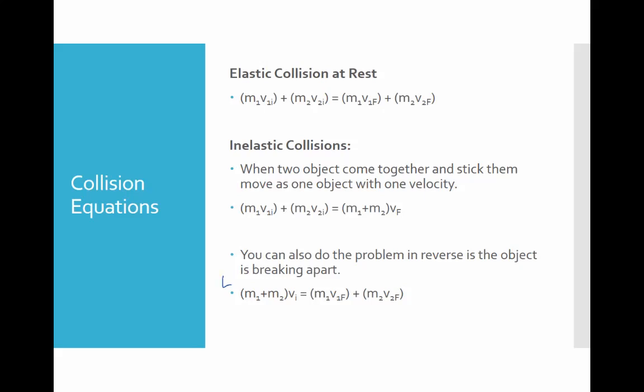This is the equation for explosions, because they start together and they finish apart, which is the opposite of what we did for inelastic collisions. They start apart and they finish together. So keep that in mind as you move forward.